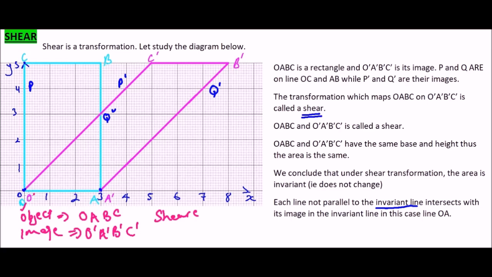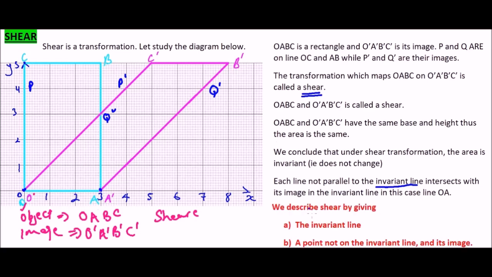So how do we describe shear? This is how we describe shear. We state the invariant line. For example, in this case, our invariant line is OA, and we also mention one point not on the invariant line and its image.